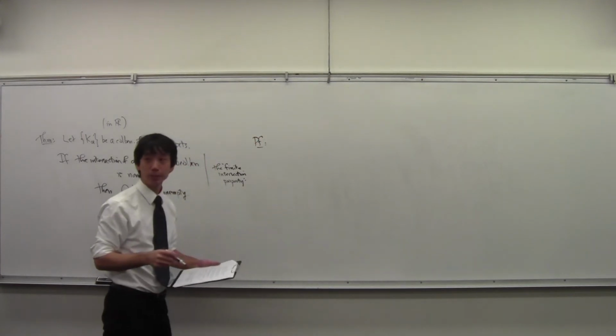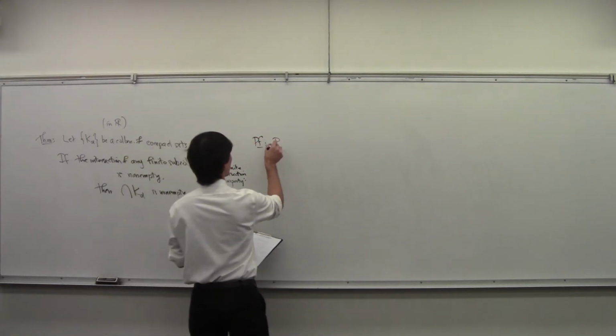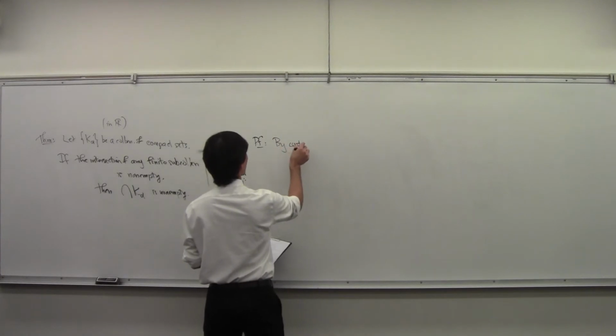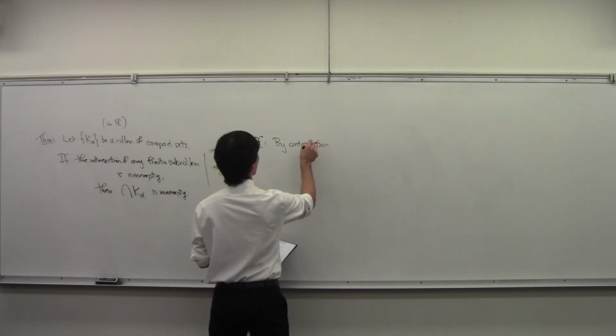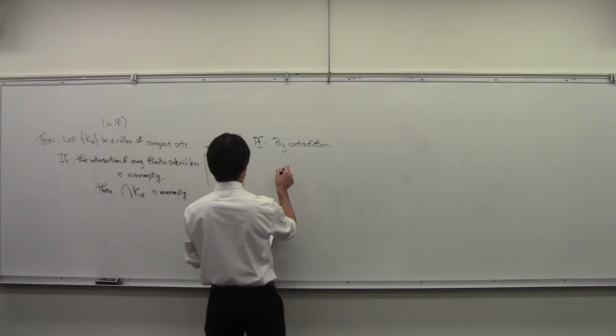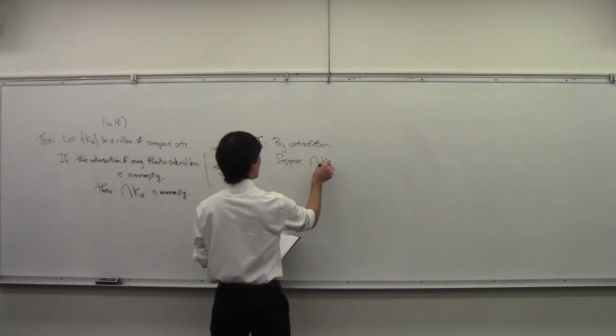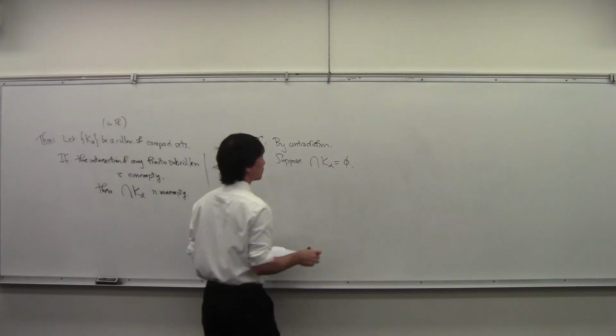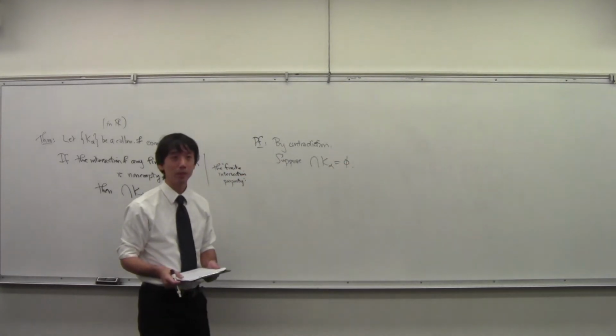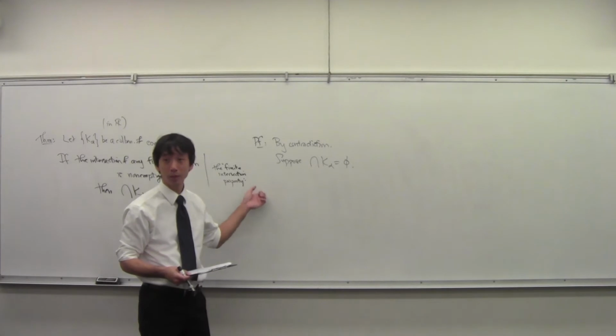We're going to do this proof by contradiction. Suppose that the intersection of all of them is empty. Suppose that you intersect them all and you get the empty set.